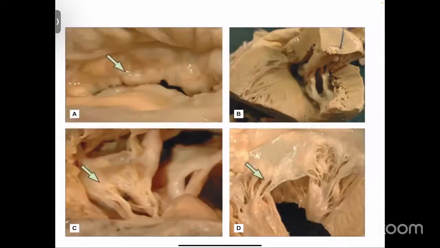Valve leaflets are thickened to a varying degree, particularly at their edges at the site of fusion. And calcification usually begins at the commissure, but with time extends posteriorly into the annulus.